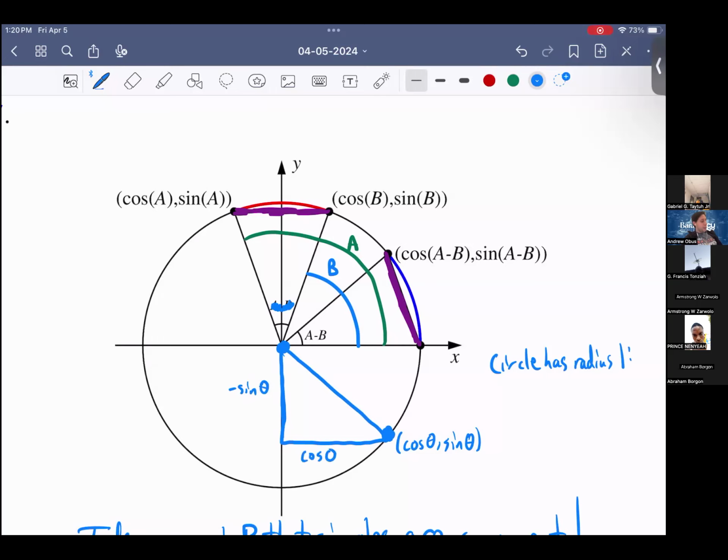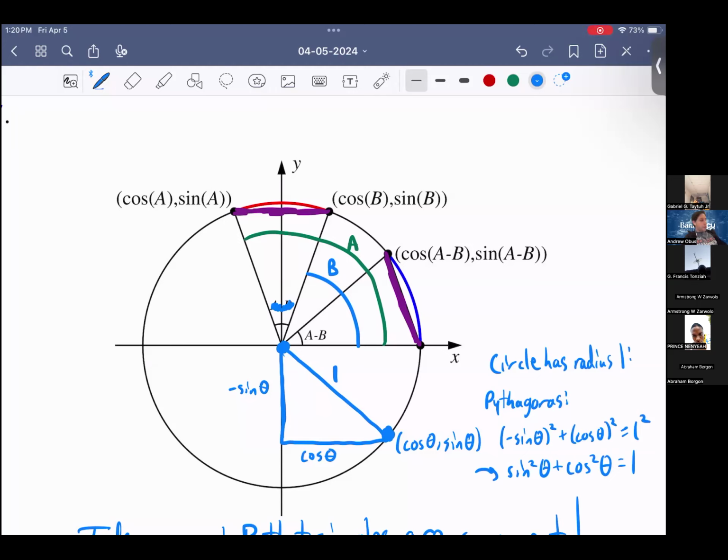This here is cosine theta, and this is 1. So by Pythagoras, we get minus sine of theta squared plus cosine of theta squared is equal to 1 squared. And this just simplifies to sine squared theta plus cosine squared theta equals 1.